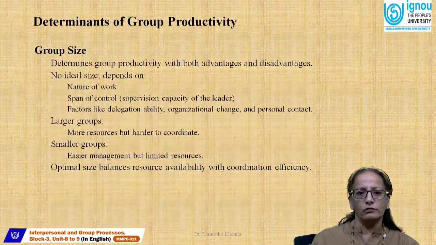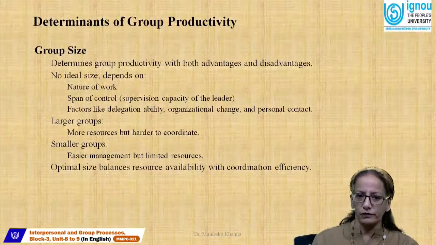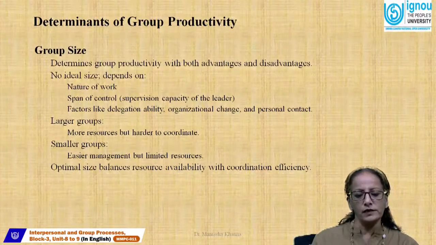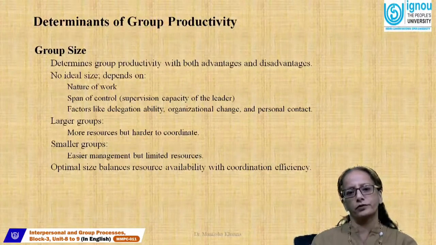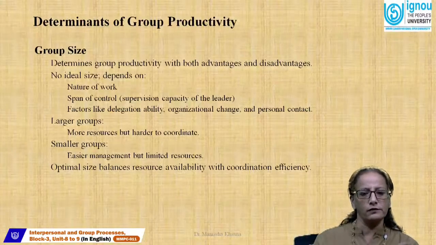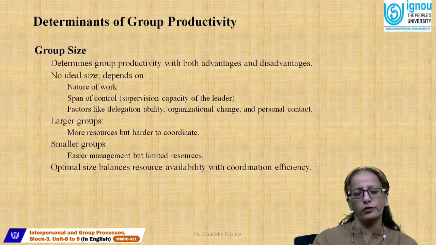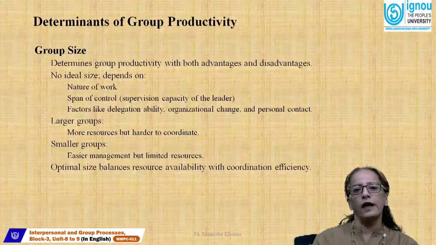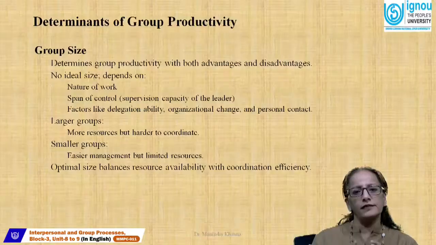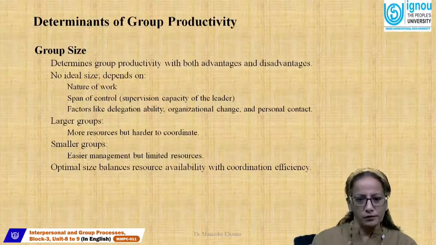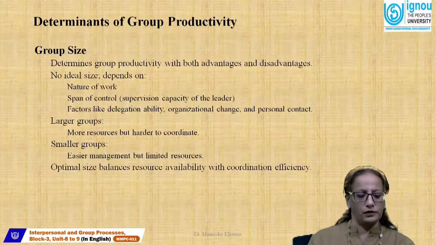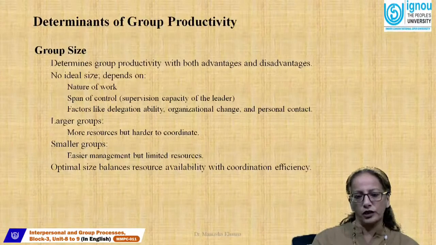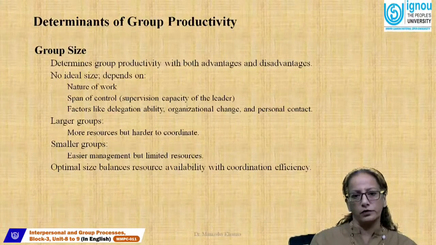So when there are smaller groups, it is easier to manage, but there are limited resources. It is very easy to manage a small group because everybody knows everything about everyone. But it has limited people who really work on that particular project or task.